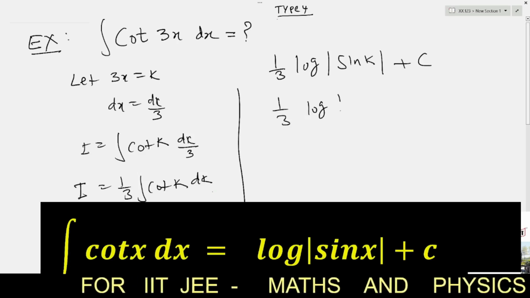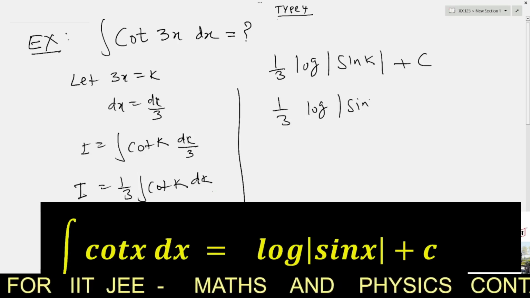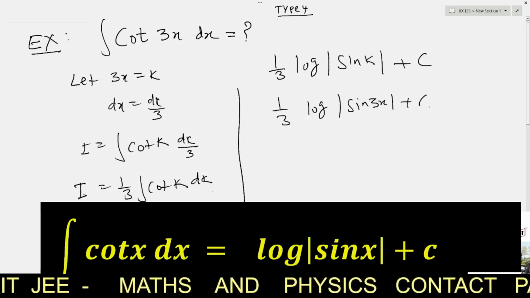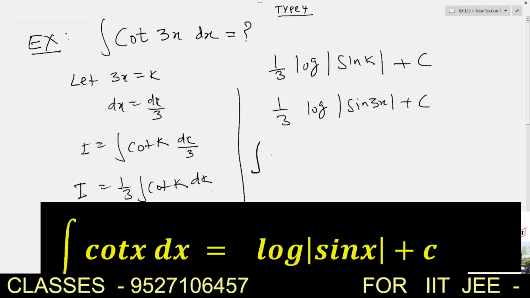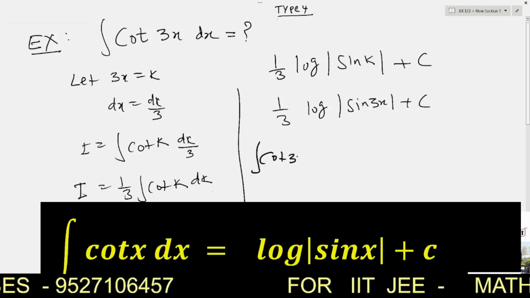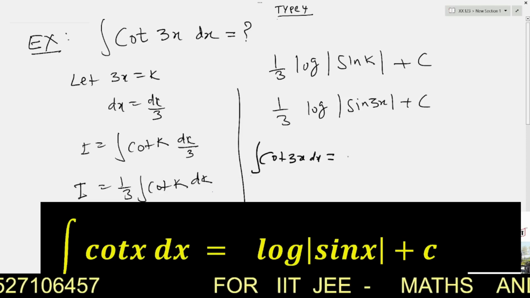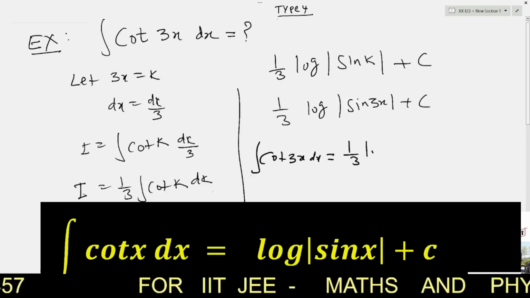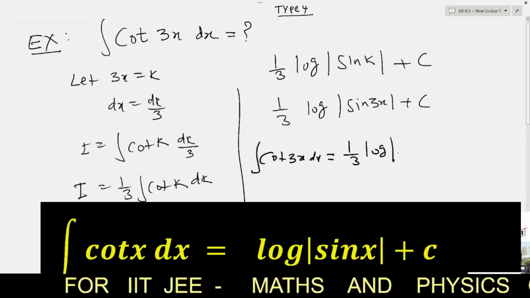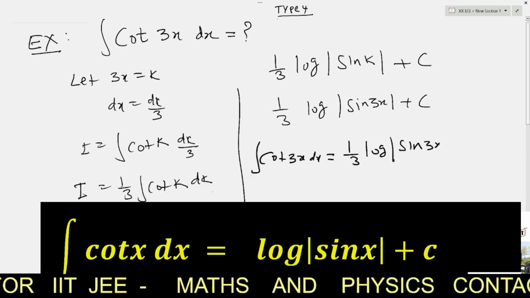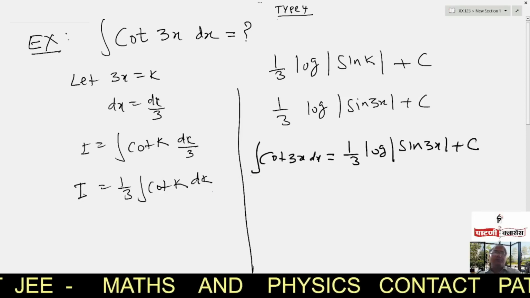K value is 3x. Therefore, integration of cot 3x with respect to x equals 1 by 3 log of modulus of sin 3x plus c.